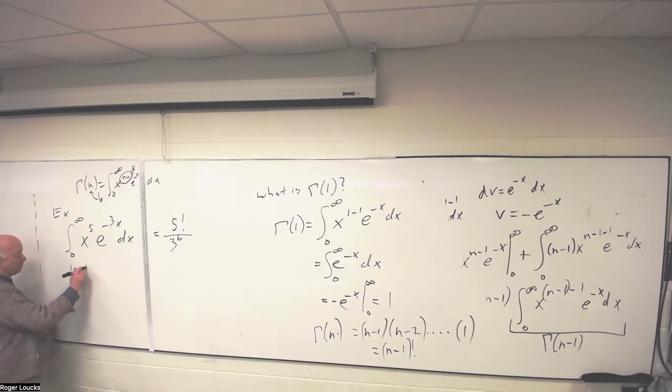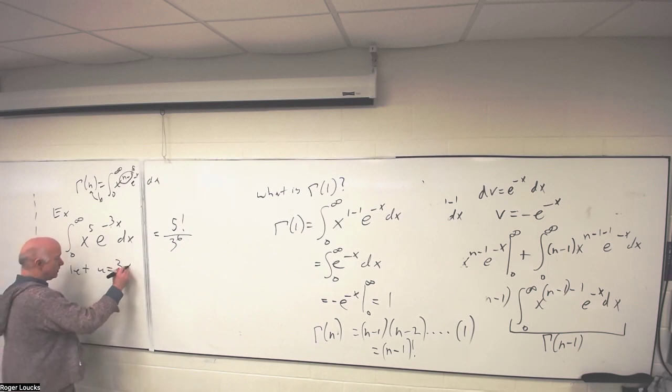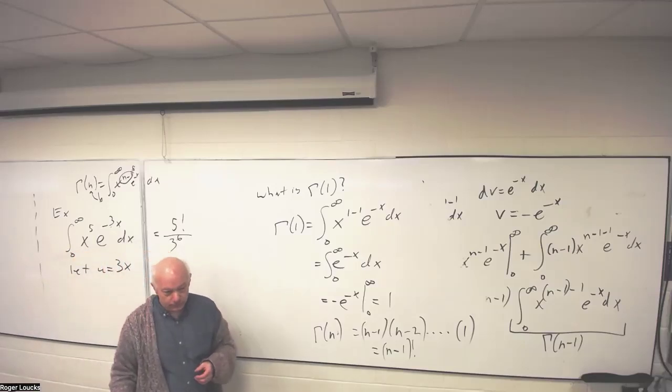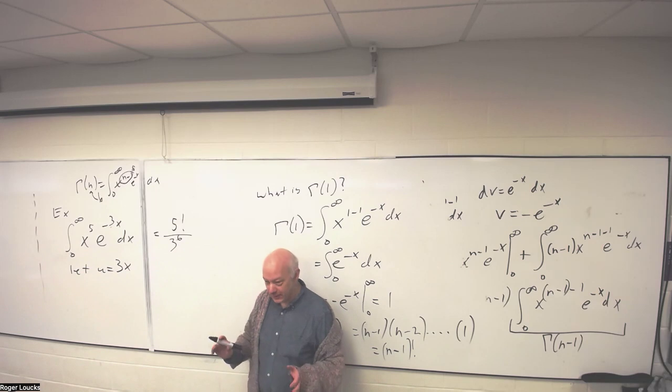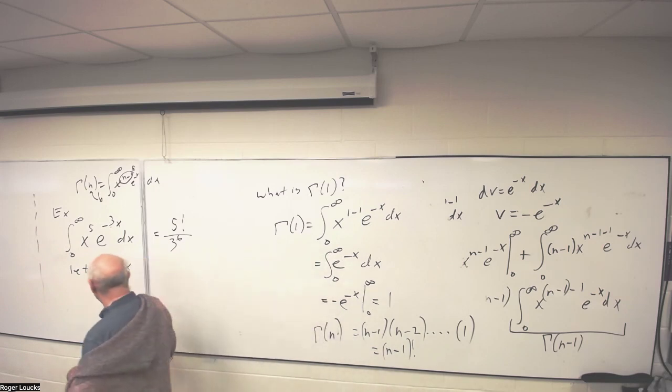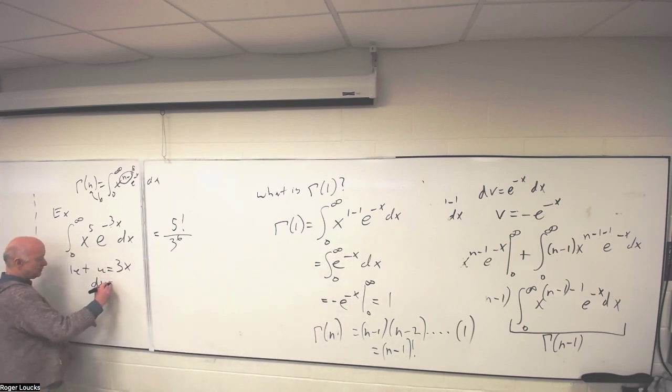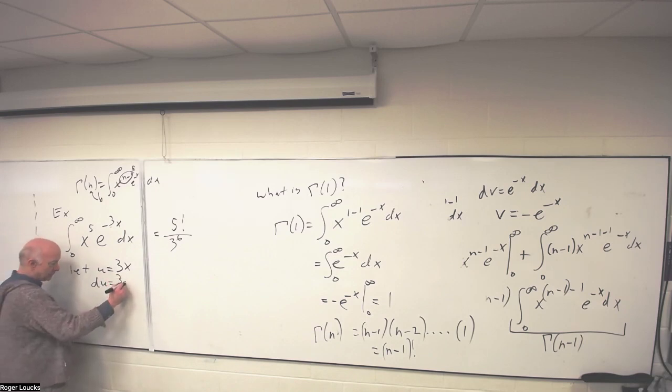So let u equal 3x. The technical people call it threx. Then du is 3dx, or dx is a third du.